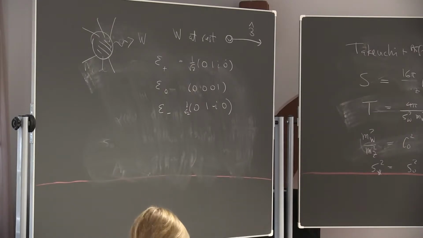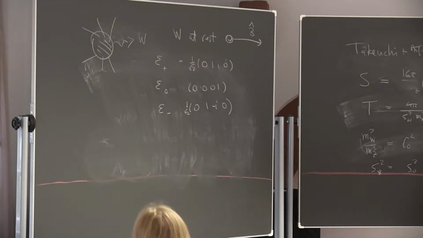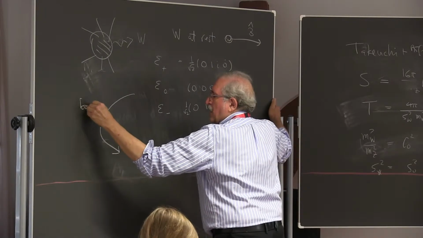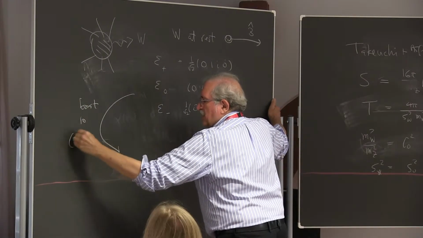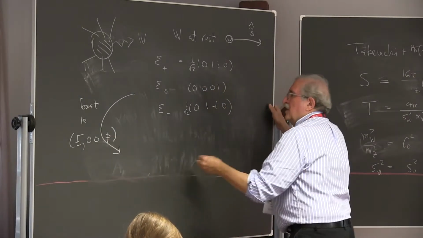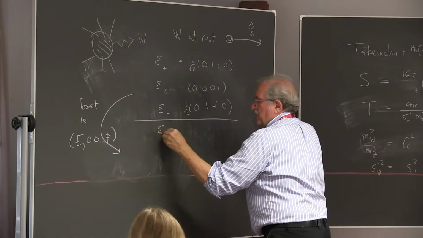And in the W rest frame, these 3 states are equivalent. They're the same visible length, if you like, and you can rotate them into one another. However, let's now boost to a momentum EP. In that case, 2 of these vectors will stay the same.